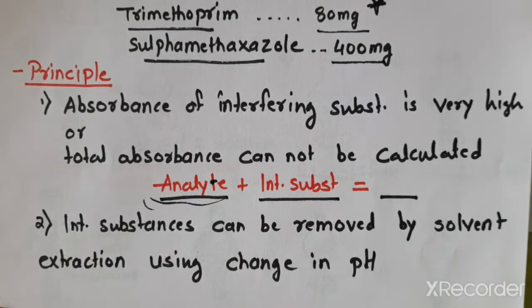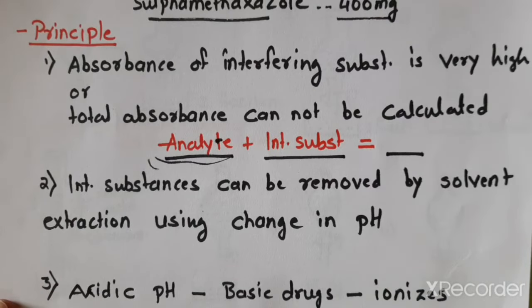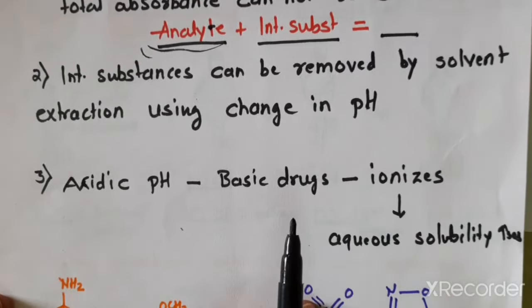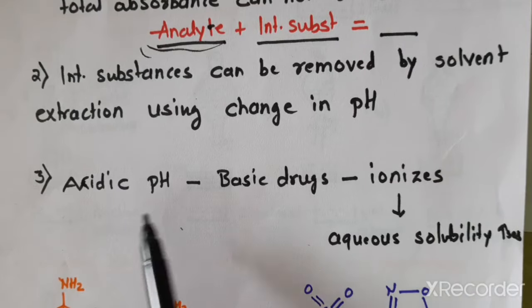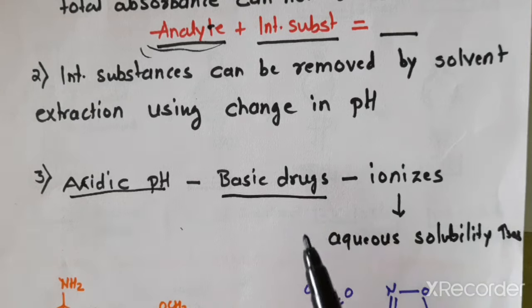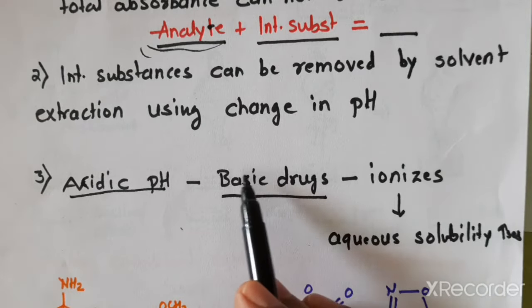One of the methods to isolate the analyte is liquid extraction, also called solvent extraction. We can isolate the analyte of interest in various ways, and one way is by changing the pH of the solution. The basic concept is this: in acidic pH, a basic drug will get ionized.